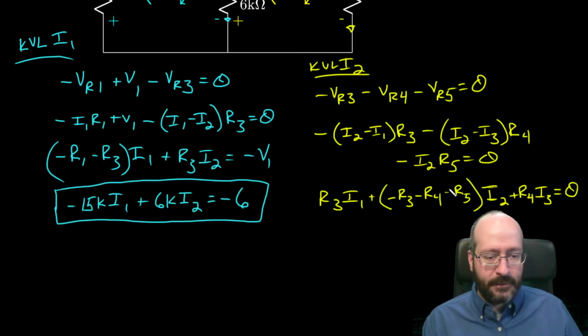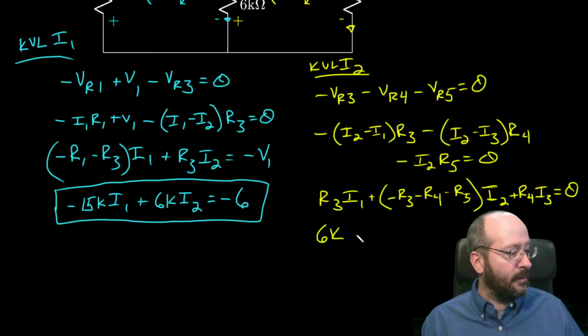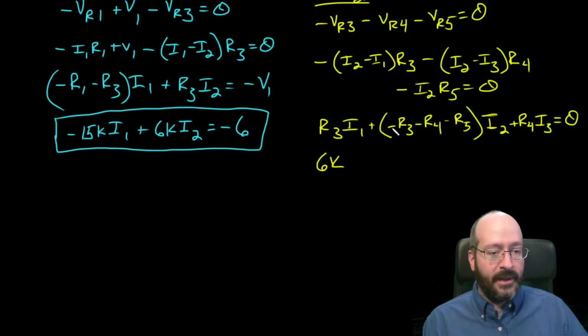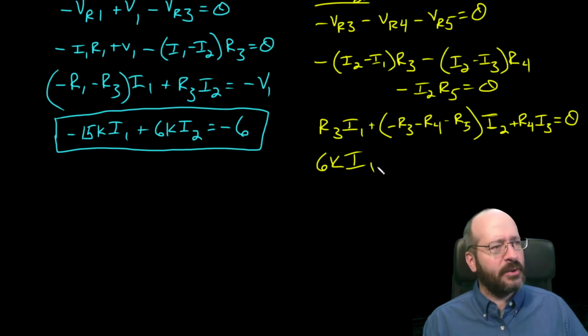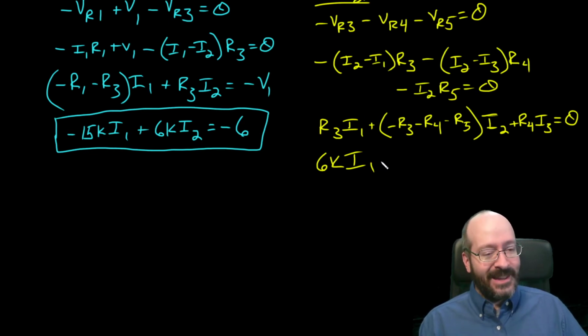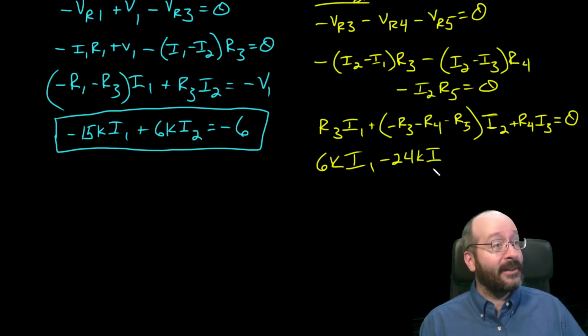All right, plugging in some values. We're going to get 6K I1. What did I just get finished saying? Always double check me. Negative 24K I2.